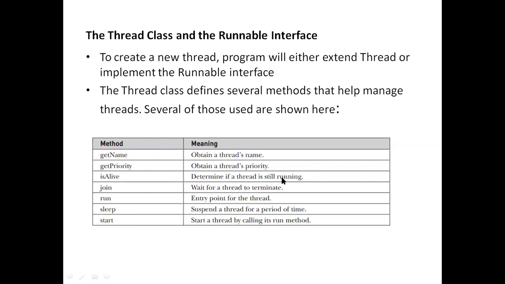Determine if a thread is still running. join, wait for a thread to terminate. Okay. run, entry point for the thread. sleep, suspend a thread for a period of time. start, start a thread by calling its run method.